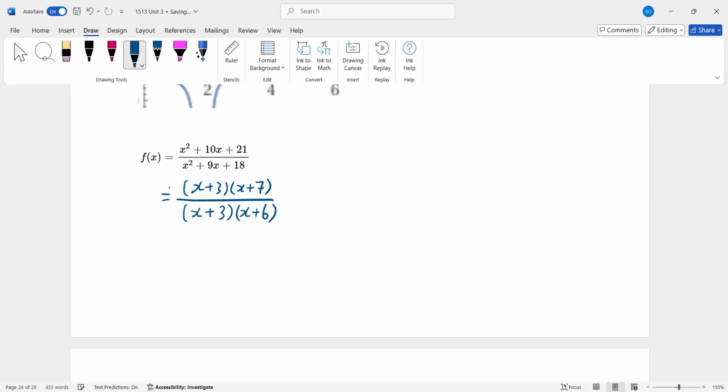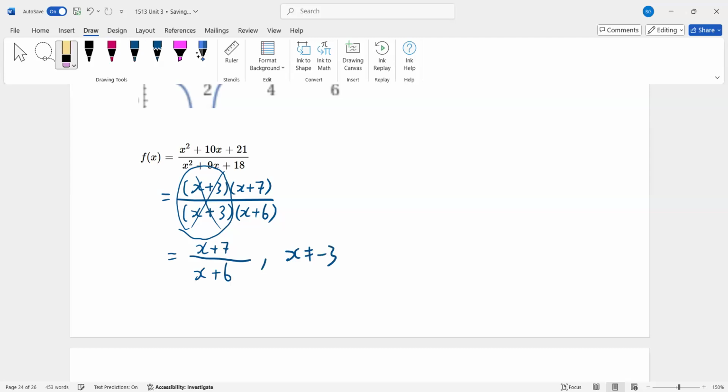Okay, this one has a hole, because the numerator and denominator have a common factor x plus 3. So we can cancel them, right? But don't rush. When you cancel them, you have to denote here: x cannot be negative 3.